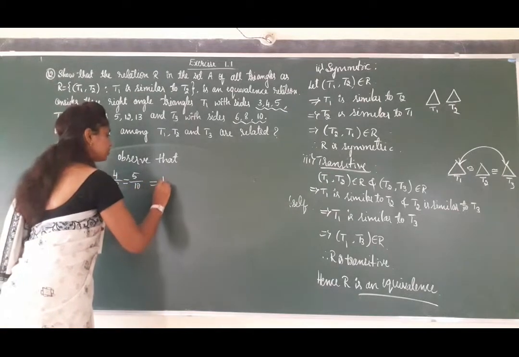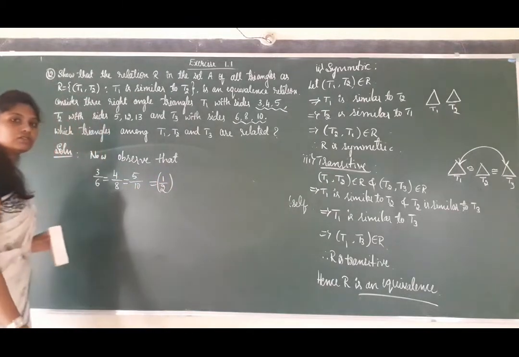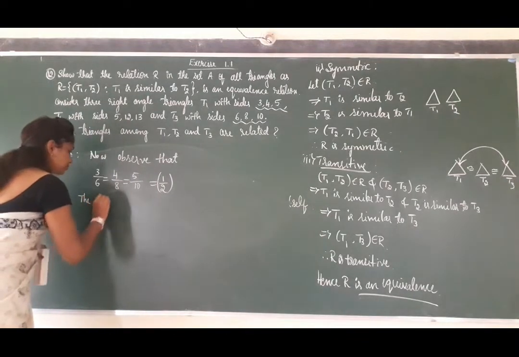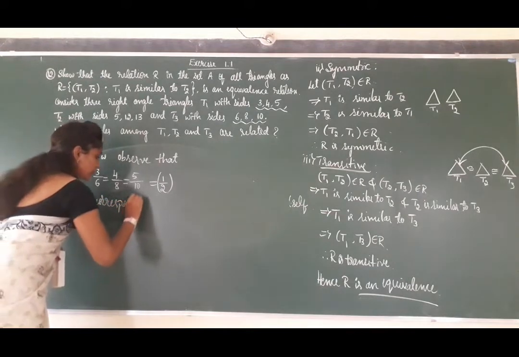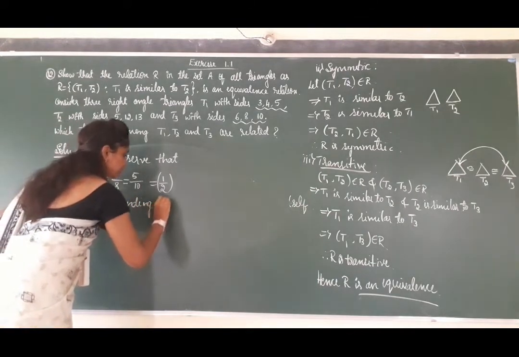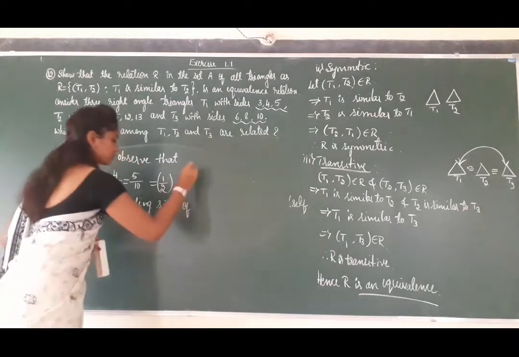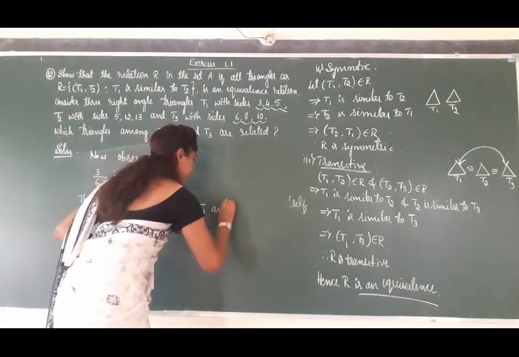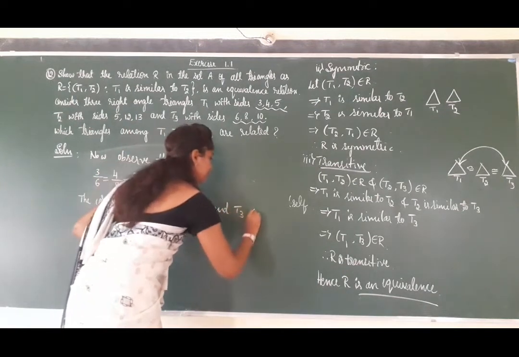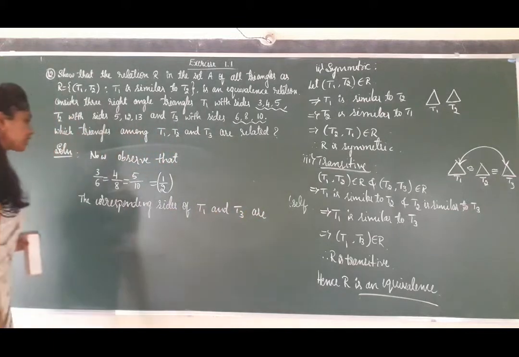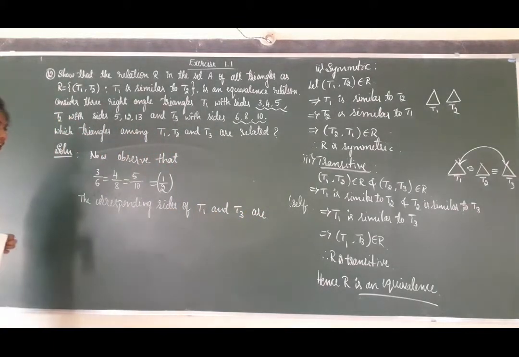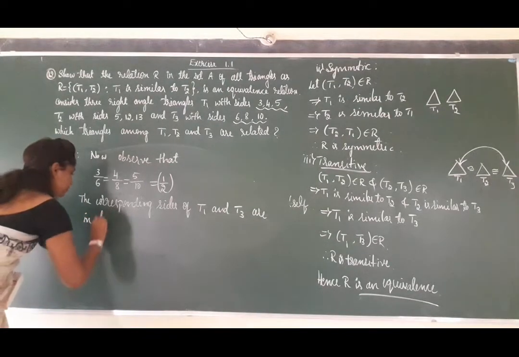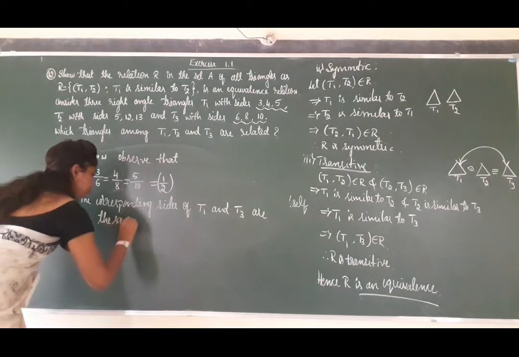This is equal to 1 by 2. This is equal to 1 by 2. So the corresponding sides of T1 and T3 are in the same ratio.